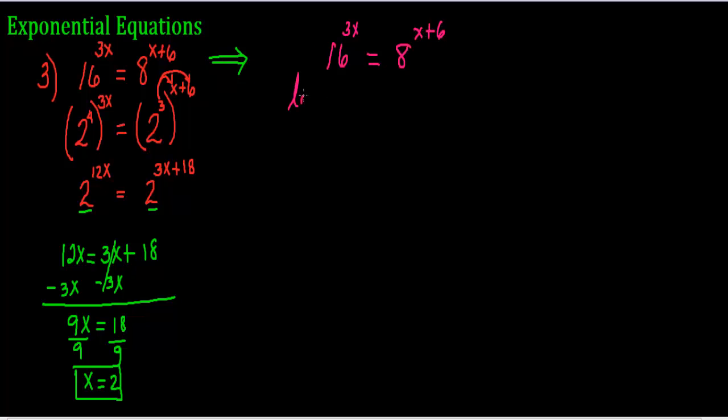I'm going to do log of 16 to the 3x power equal to log of 8 raised to the x plus 6 power. When we have a log, we can take these exponents and move them to the front of the log.